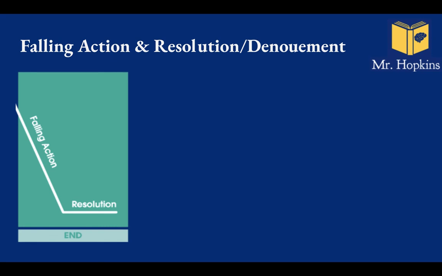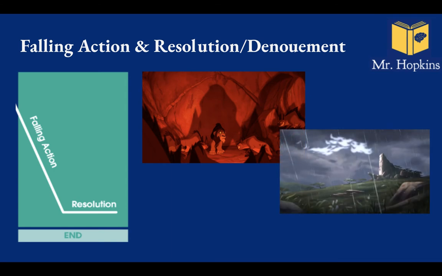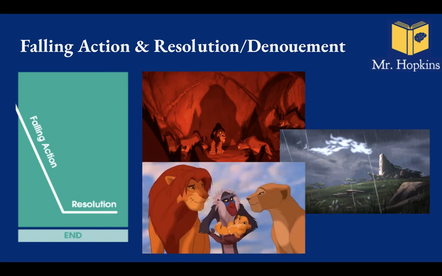After that we have the falling action and the denouement or resolution. So here, Scar gets beaten by the hyenas after Simba pushes him. The rain comes back to Pride Rock and then again fills the land with food and the necessary nutrients. And then at the very end, the resolution, the denouement, Simba and Nala have a baby. And it's the circle of life all over again.